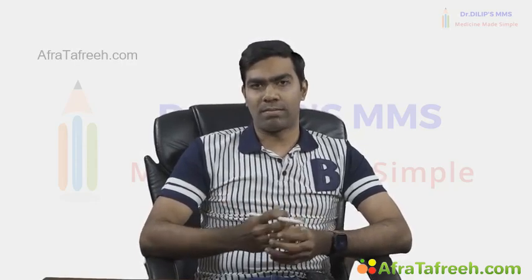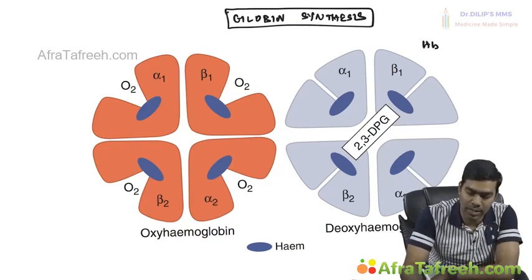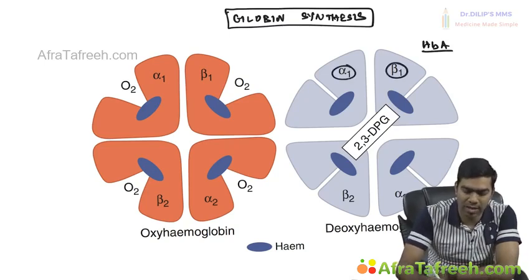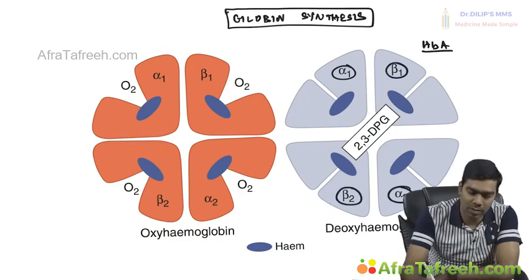To start, I have put up the same image which you saw in the last video. You can see that adult hemoglobin, that is HbA, contains two kinds of chains, alpha chain and beta chain. Normally globin is a tetramer, so it should contain two chains from each category.